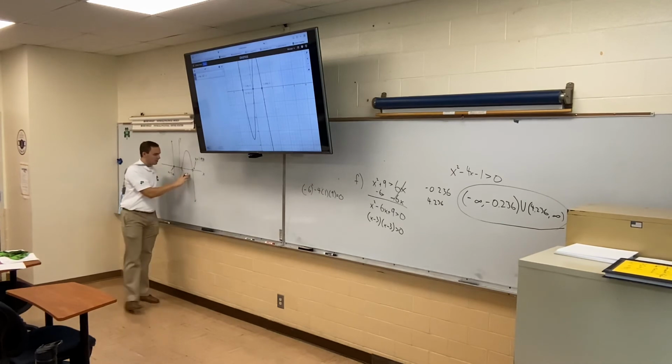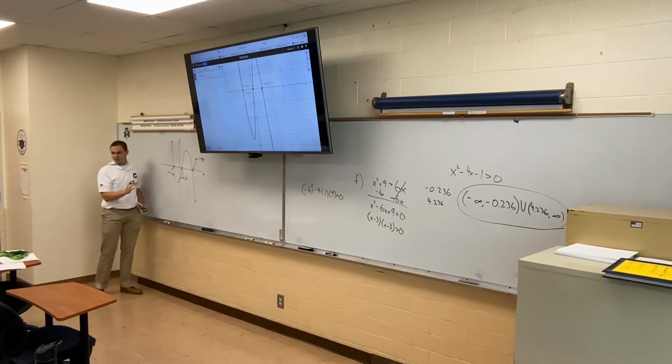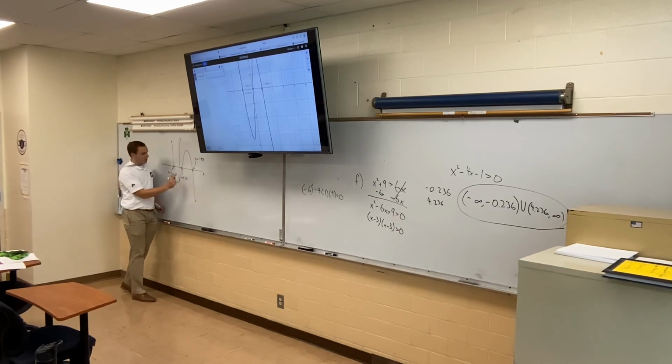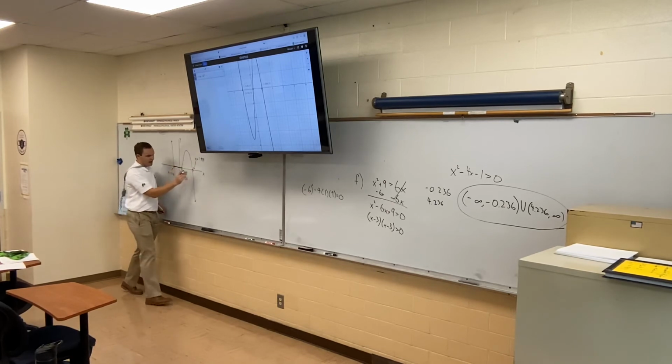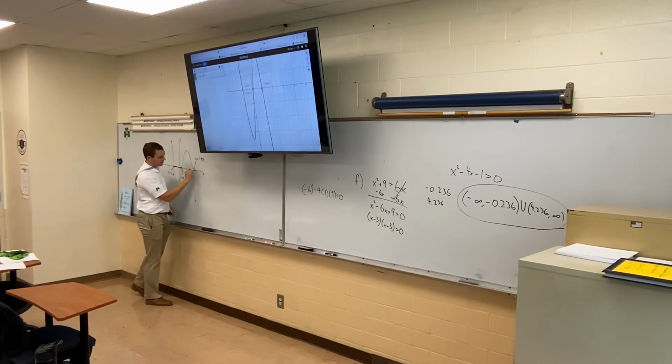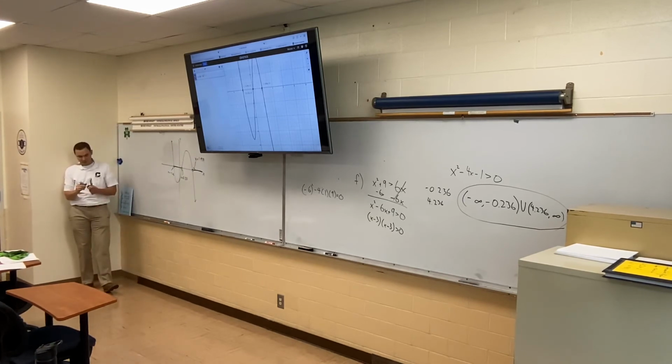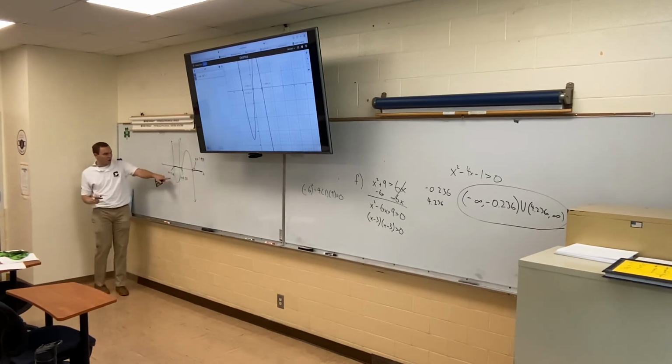We want everywhere it's below the x-axis. What are my two regions where my graph is below the x-axis? So everything in between here, right, it dips below. And then everything, right, goes below onto infinity. So this is going to be another example, okay? My two regions that solve this inequality are from negative 2.06 to 0.125.